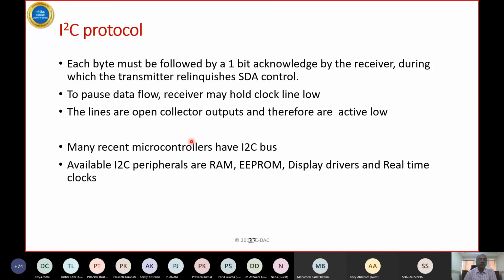Now, most of the microcontrollers that you get have an I2C bus, with peripherals like RAM, EEPROM, display drivers. What is the significance of I2C from the sensor's perspective? Suppose you take a temperature sensor and build a small node out of it, using, let's say, an Atmel 8-bit processor, a 6-pin or 8-pin processor, that has I2C.